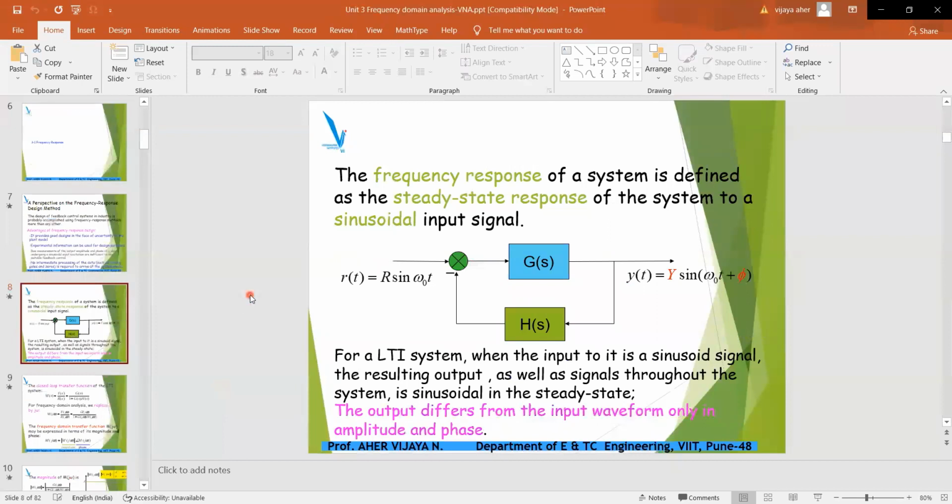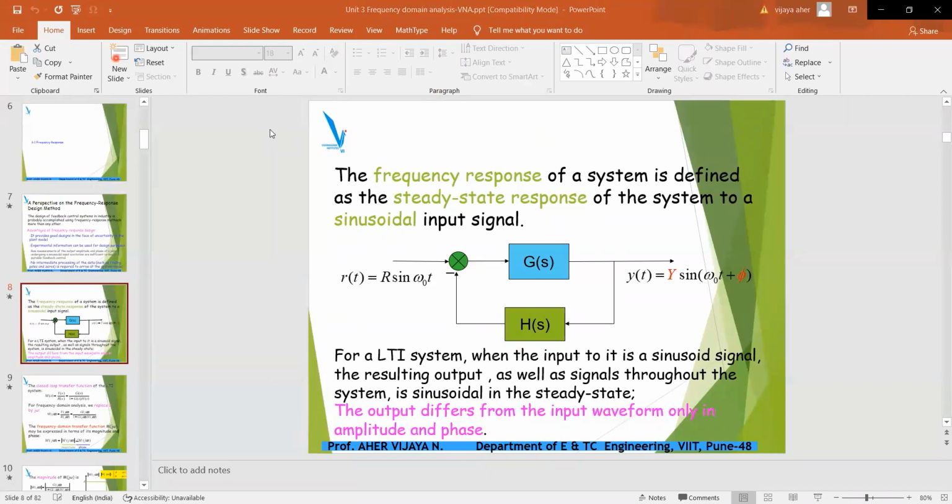Now, please try to understand the meaning of the word frequency response. I have just explained, but in proper definition, you are supposed to write what frequency response is. So the frequency response is defined as, you are supposed to write this term, frequency response.